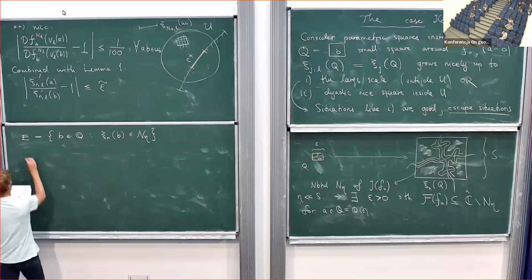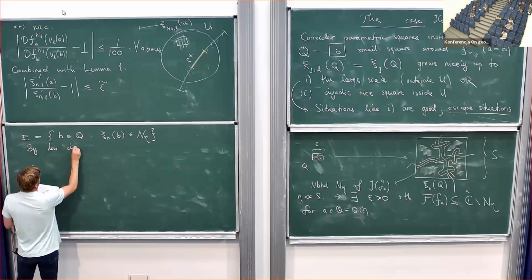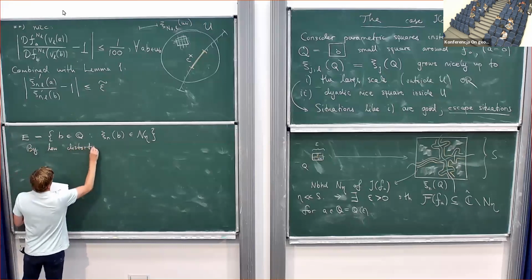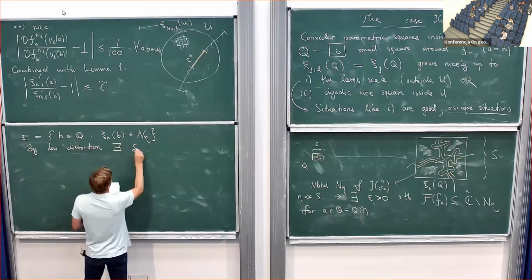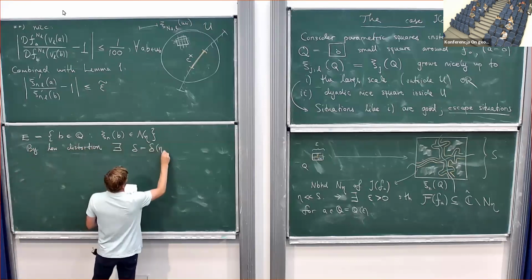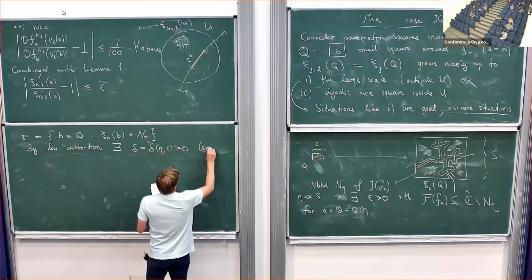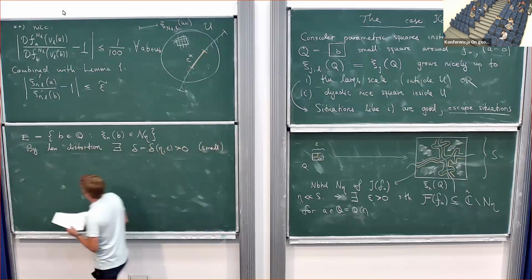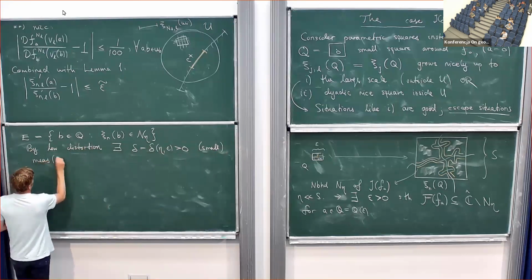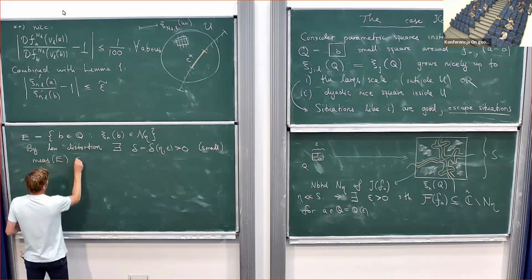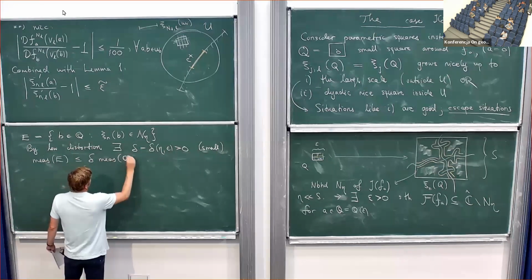So by low distortion, there exists some delta. This depends on this eta. Epsilon is a small positive number. You can say that the parameter measure of this is not more than delta times the measure of Q. It's a small one.